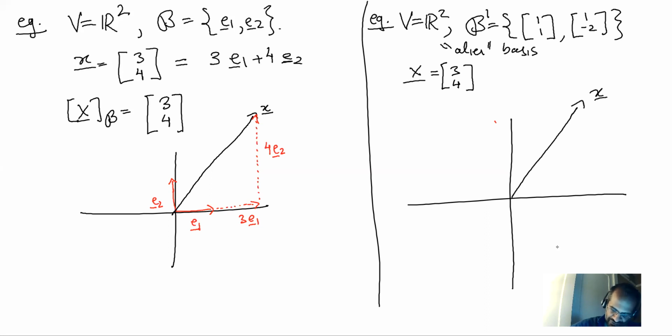So now your basis vectors look a little different. One of them is the vector 1, 1. Let's call these vectors B1 and B2. So this is B1. And the other one is 1, minus 2, which maybe looks like this. These are actually not perpendicular. They're not supposed to look perpendicular.